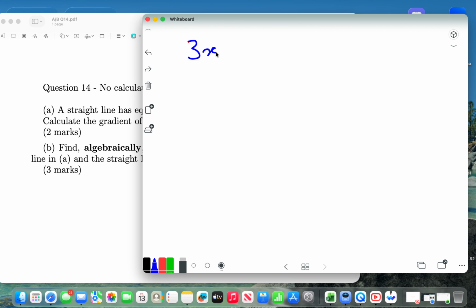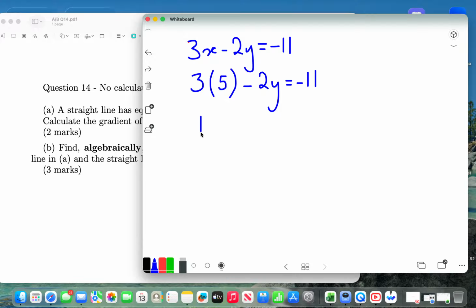So 3x minus 2y is minus 11. I want to substitute the 5 for x. We get 15 minus 2y is minus 11.